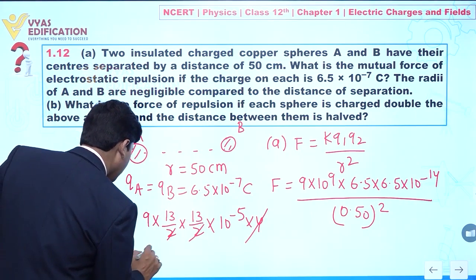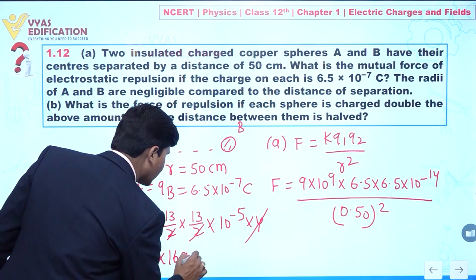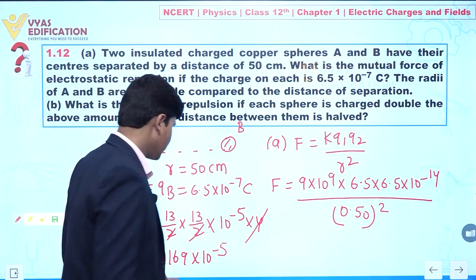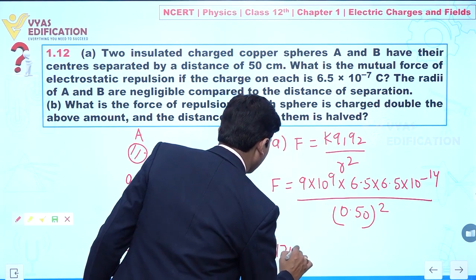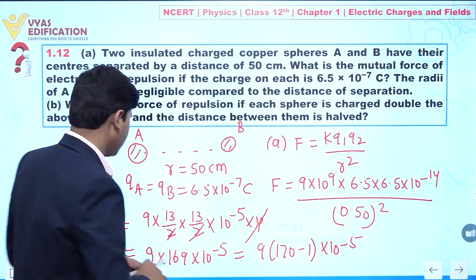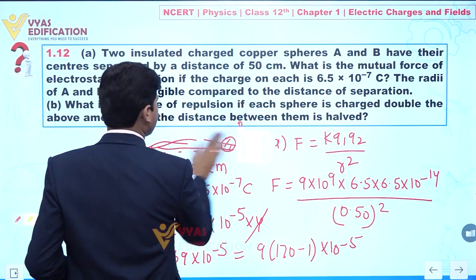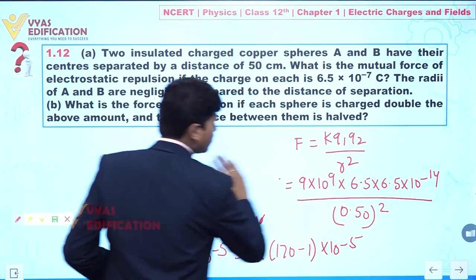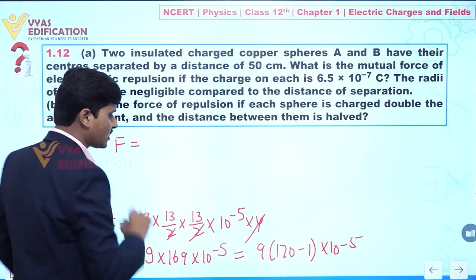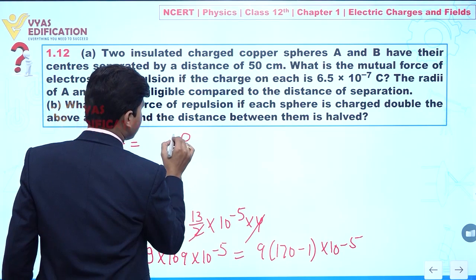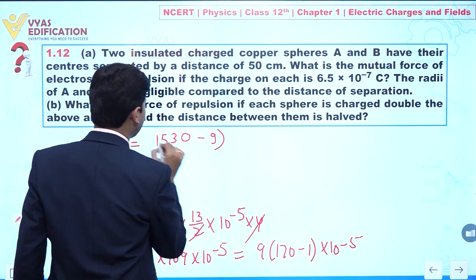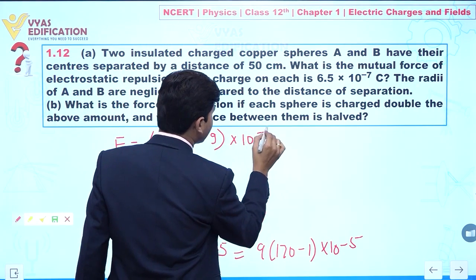So from here we can say 9 multiply 169 into 10 to the power minus 5. We can calculate this as 170 minus 1 into 10 to the power minus 5. So the value of F is 1530 minus 9, multiply 10 to the power minus 5.